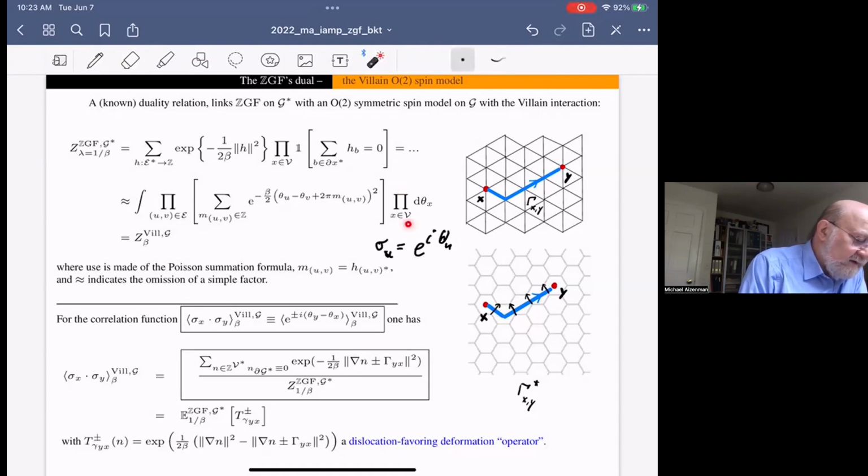So the integral that you see here is really an integral over spins, which are associated to the sites. And the Gibbs factor, except for the fact that we are summing over those shifts, is very similar to the exponential of e to the plus beta times cosine of theta u minus theta v. This is the usual XY model. Oh, sorry, excuse me, I think that it's a plus here, probably.